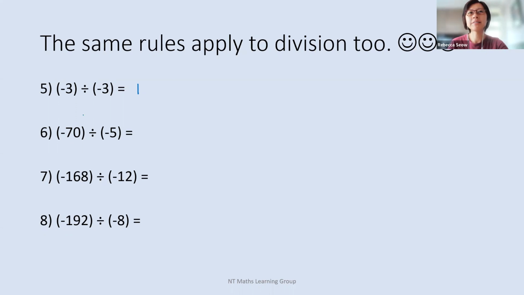We take 70 divided by 5, 14. Third one, negative 168 divided by negative 12. Answer will be 14. And the last one, negative 192 divided by negative 8. Answer is 24.